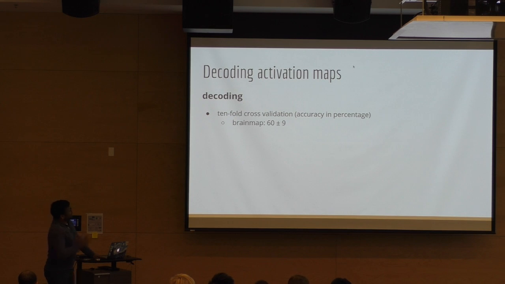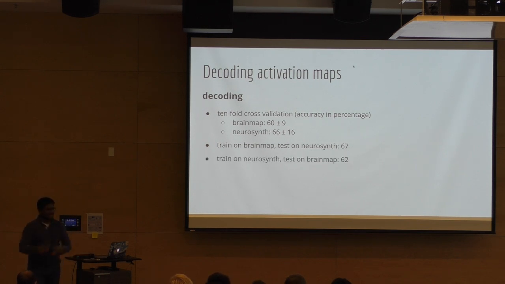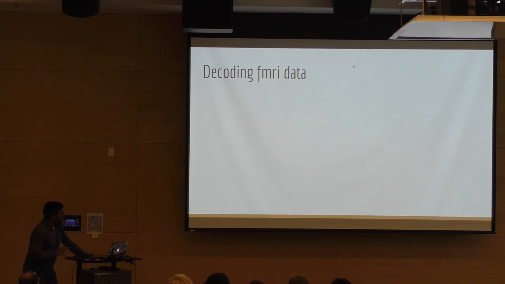We were able to classify BrainMap data with an accuracy of 60% and NeuroSynth data with an accuracy of 66%. So the next step is to expand it, as in we trained on BrainMap data and tested the classifier on the NeuroSynth data, and that gave us a 67% accuracy, and we did the other way around, and those are the accuracy values that we got.